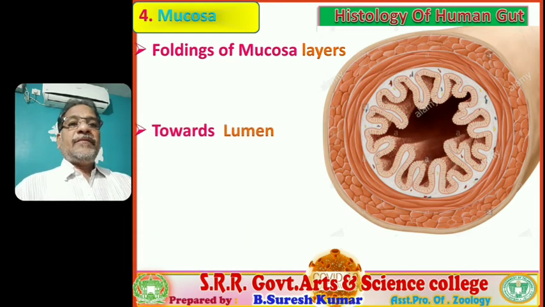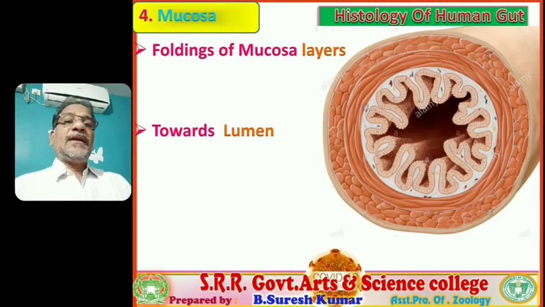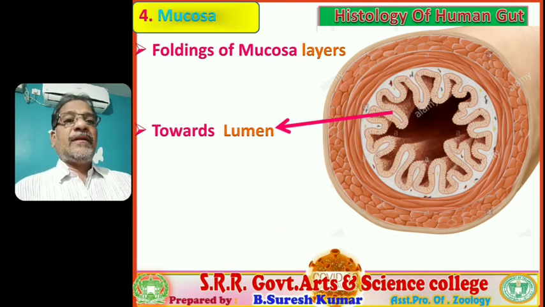If we observe the mucosa lining, the innermost layer of mucosa contains columnar, pillar-like epithelial cells. This mucosa layer gives rise to foldings. You observe these foldings.